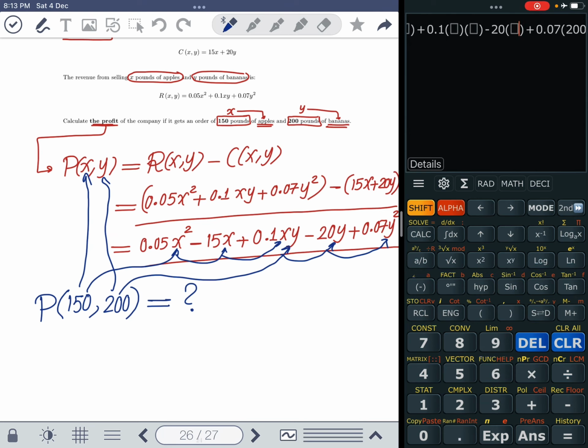I'll replace it from now. I'll do backward, so here I'll put the y's, and now the x's. If we go back to the beginning of the formula, we'll have to put the 150 in three places here in the formula. Equals 675. So this will be 675 dirhams will be the profit.